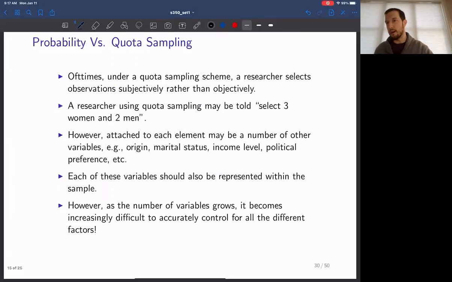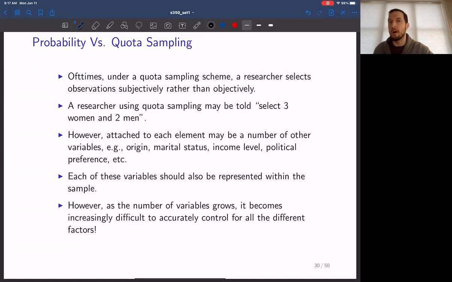The answer is essentially that in a very simple contained experiment where you have a population that for whatever reason only has two features, this sampling scheme likely will create something that's representative. However, very few populations in practice are actually composed of only two factors. So very few target populations without some sort of manipulation are only going to have, let's say, a small number of features that we have to consider.